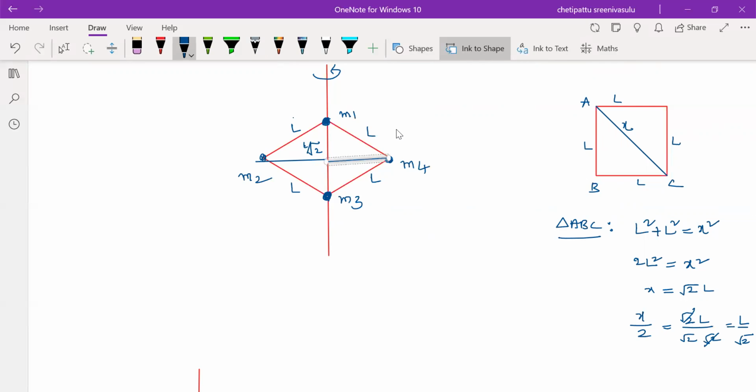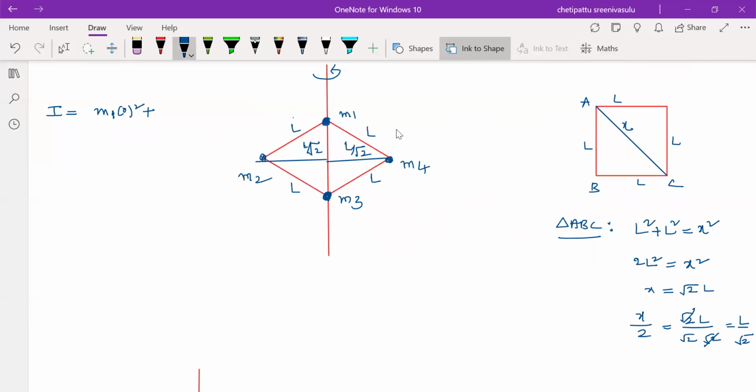This distance, again, is L by root 2. Now, what is the moment of inertia? For mass M1, it is on the axis, so there is no perpendicular distance, that's why we write 0 square.